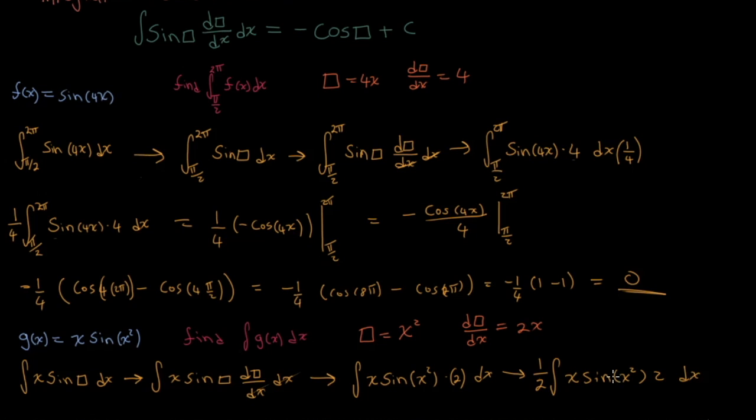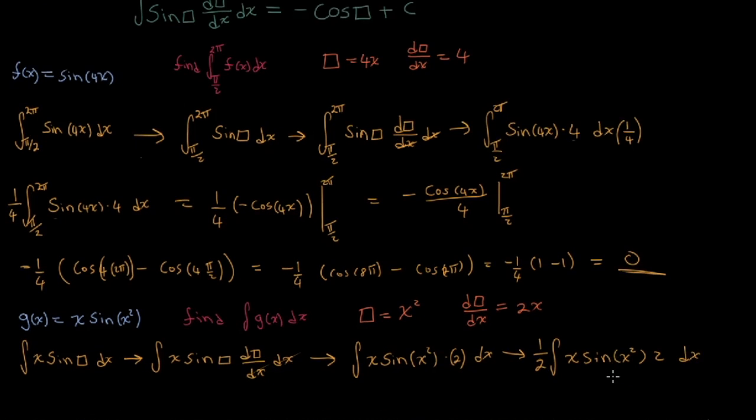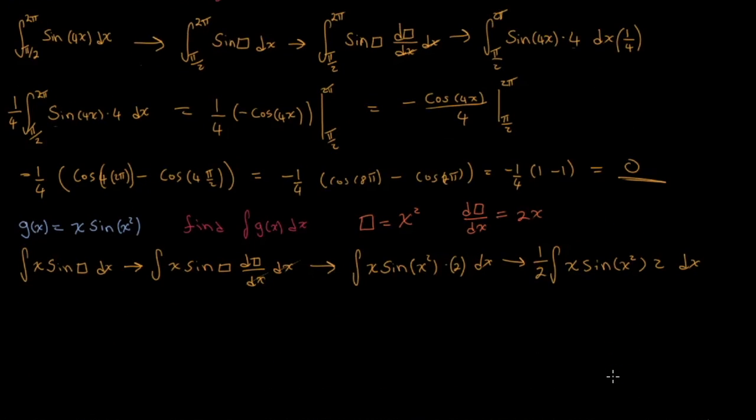Okay, so now we are ready to integrate this. It's now in the proper form to integrate right here, because this expression still equals this expression right here, which we can write as the integral of x sine x squared dx. It's the same thing.